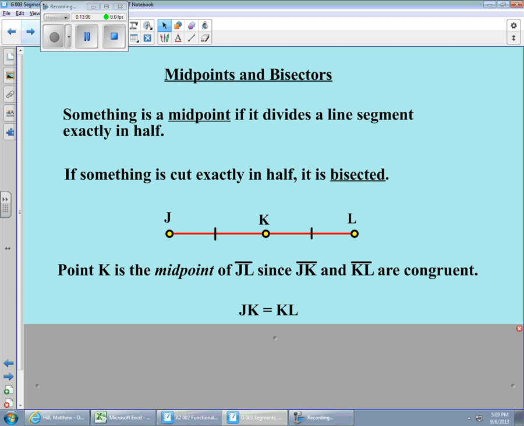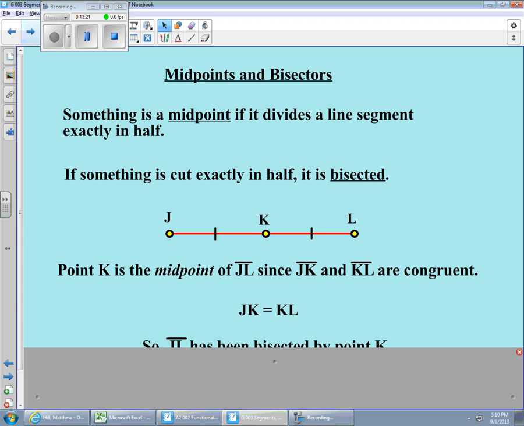That means the distance or the length from J to K. And of course KL with no mark over the top means the length or distance between K and L. So the length from J to K equals the length from K to L. Another way this could be worded is line segment JL has been bisected by point K.